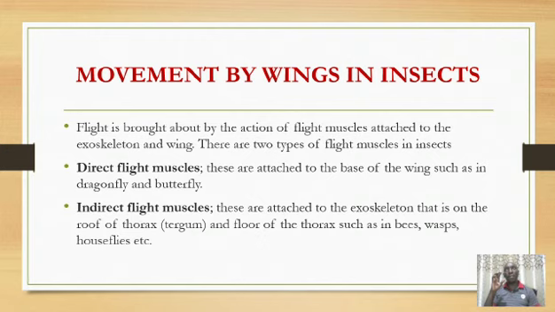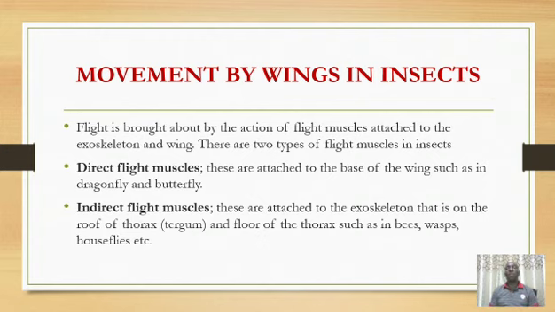Remember the requirements for locomotion: there must be muscles. Equally, there are flight muscles which are attached onto the skeleton of the wing. They are attached onto the outer part of the skeleton and the wing.